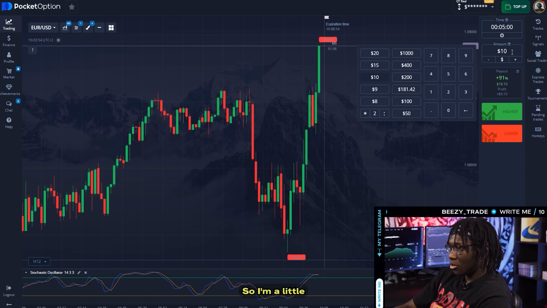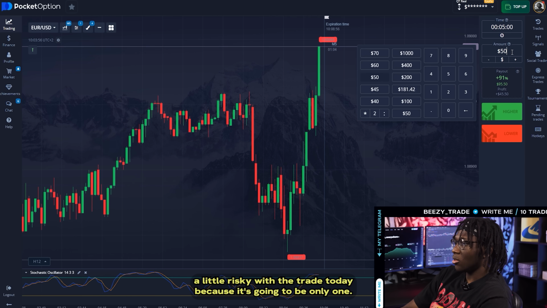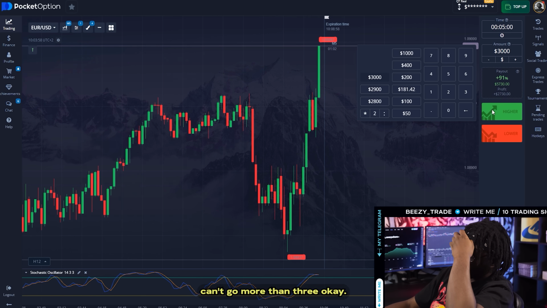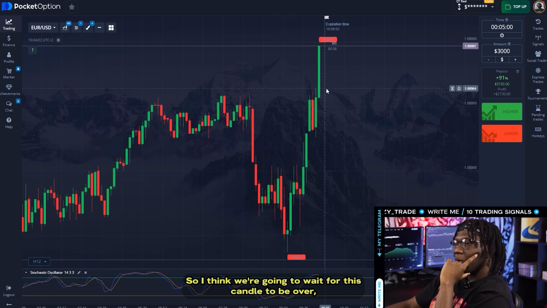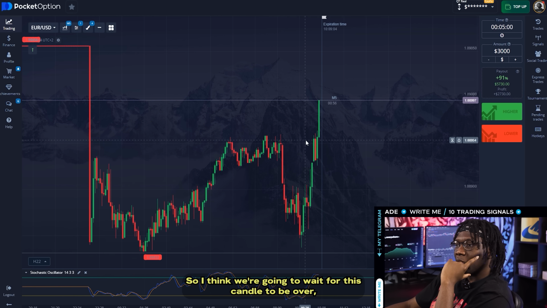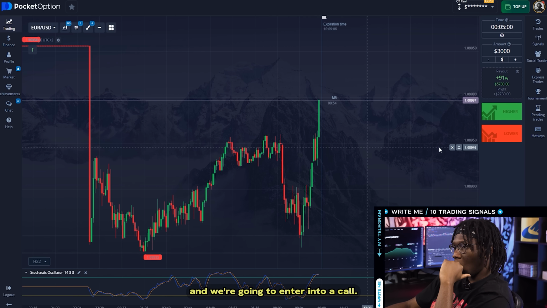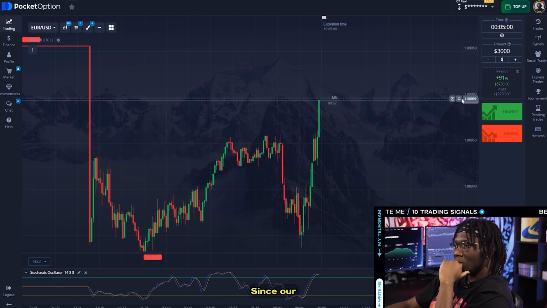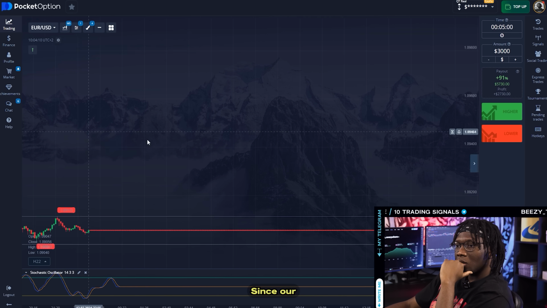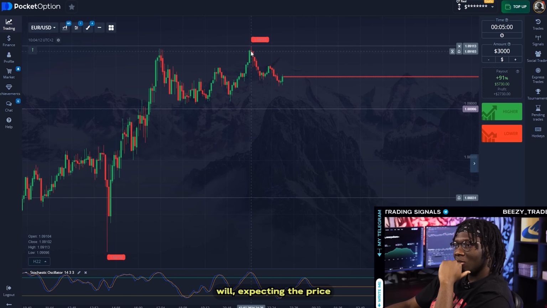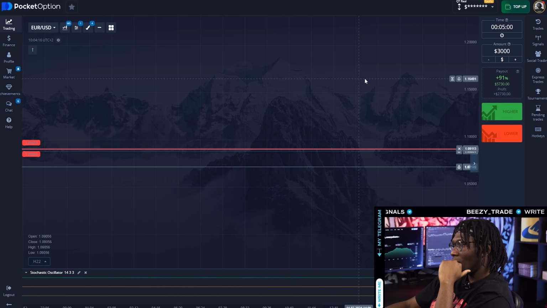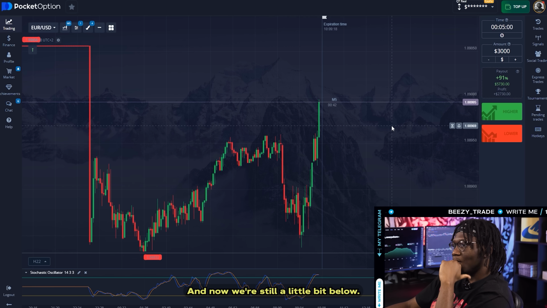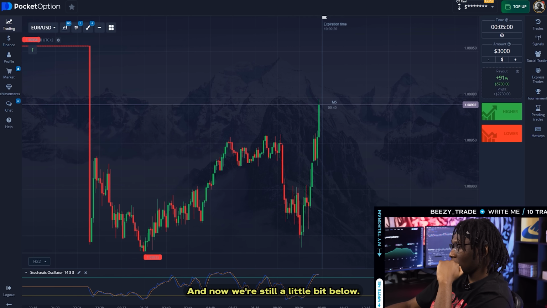I'm a little risky with the trade today because it's going to be only one. Can't go more than 3K. So I think we're going to wait for this candle to be over and we're going to enter into a call, since we're expecting the price to go as high as 109,113, and now we're still a little bit below.